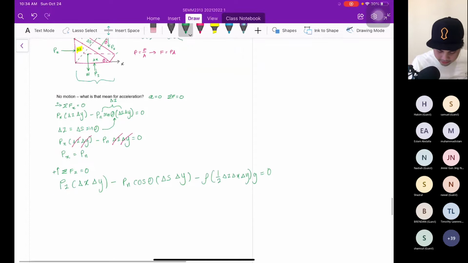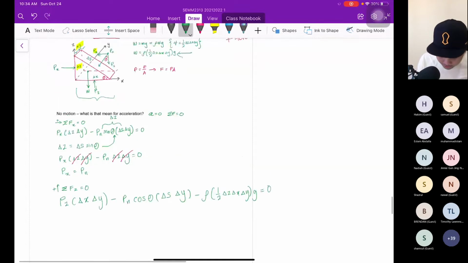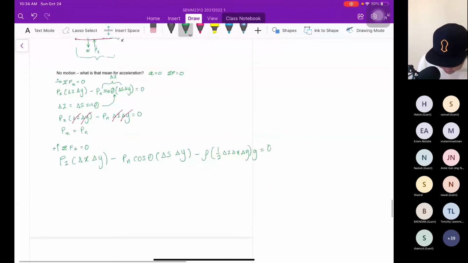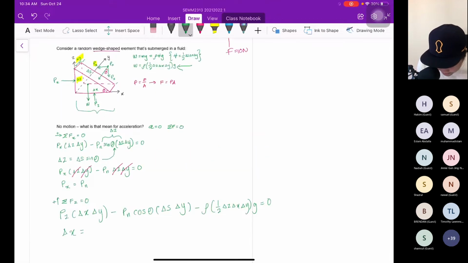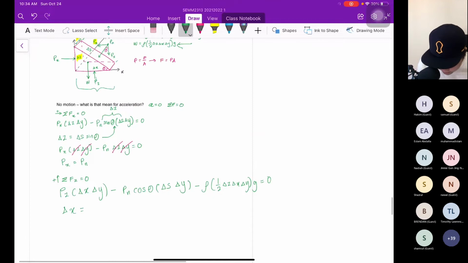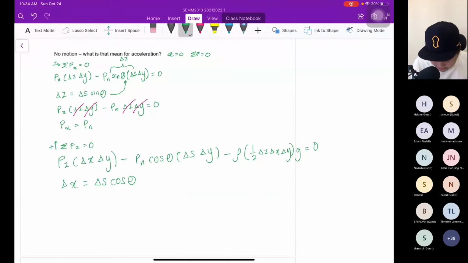Now you can see, we do again. In order to get delta X, definitely the slanting one, or we call as the hypotenuse, must be cos or sine? Cos, okay, cos theta. So now I would like to replace the slanting delta S cos theta with delta X. You can see here.